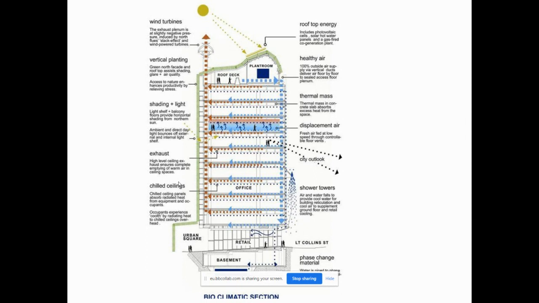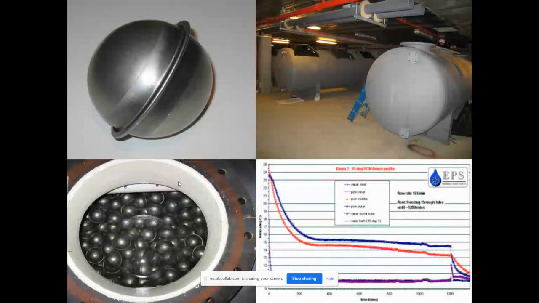And I think the next, yes, there we are. In the basement are these huge tanks, and in them are stainless steel balls with phase change material, which freezes at about 15 degrees. And we freeze it by circulating cold air through these tanks.